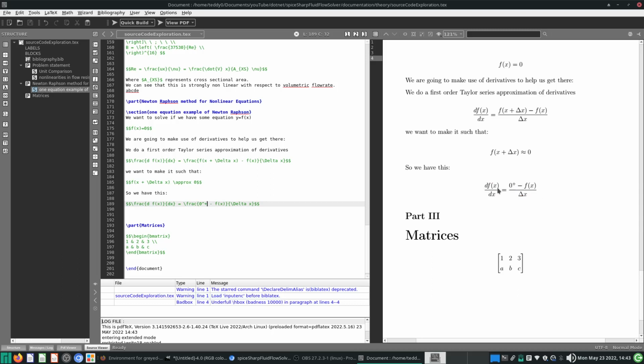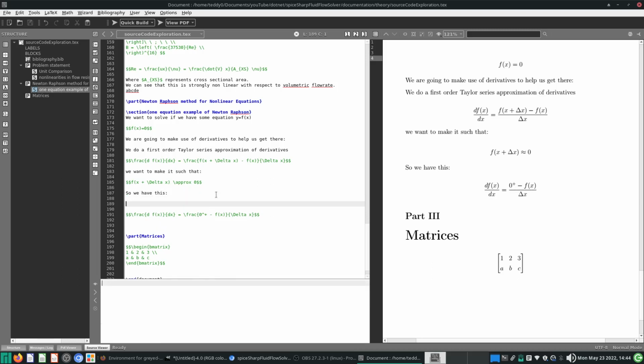This quantity is so small in comparison to this quantity that we can almost just ignore it. I say f of x is significantly greater than f of x plus delta x.